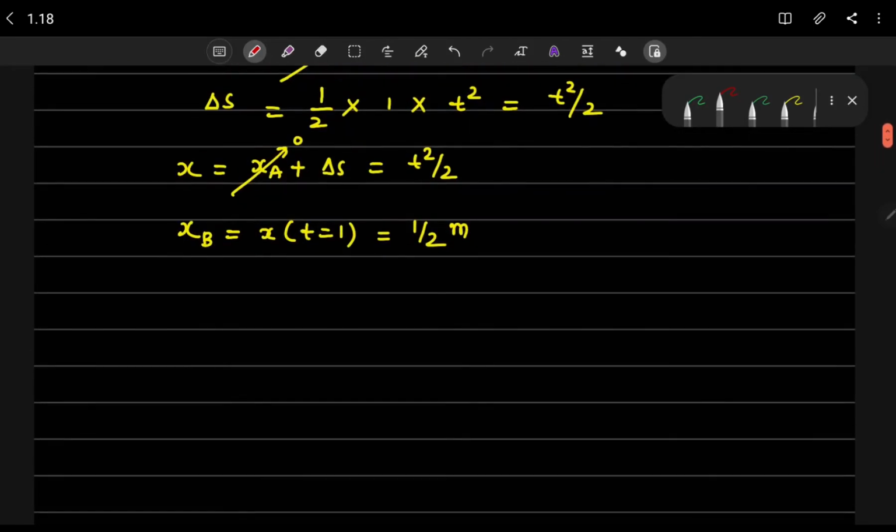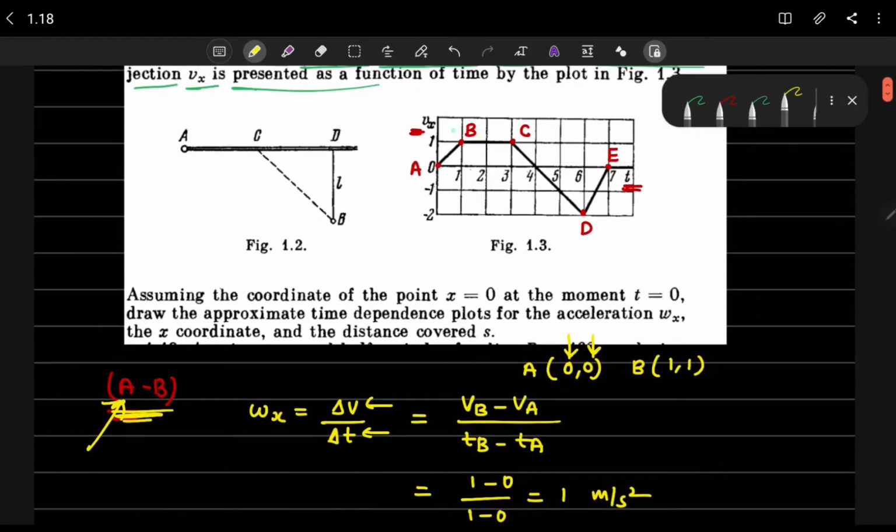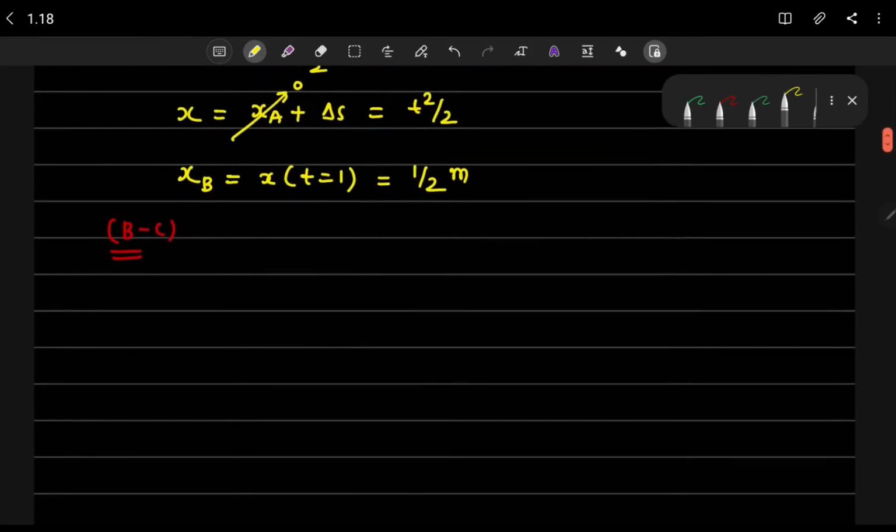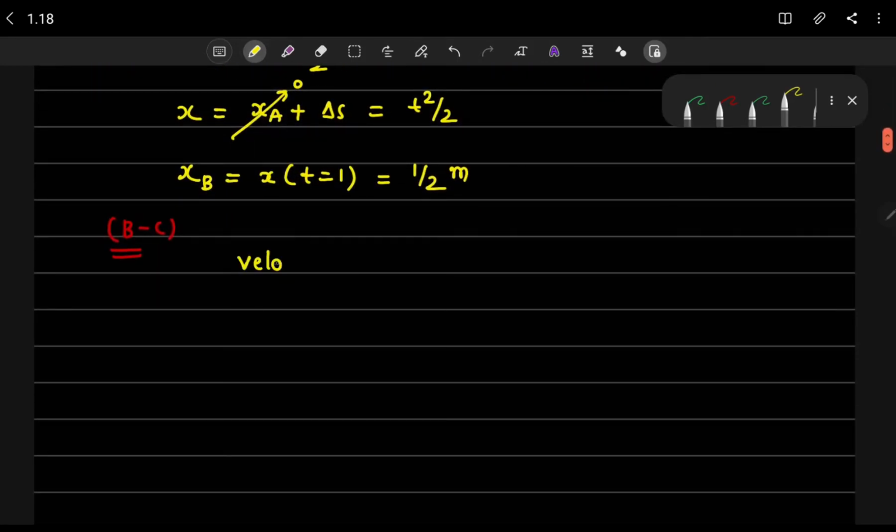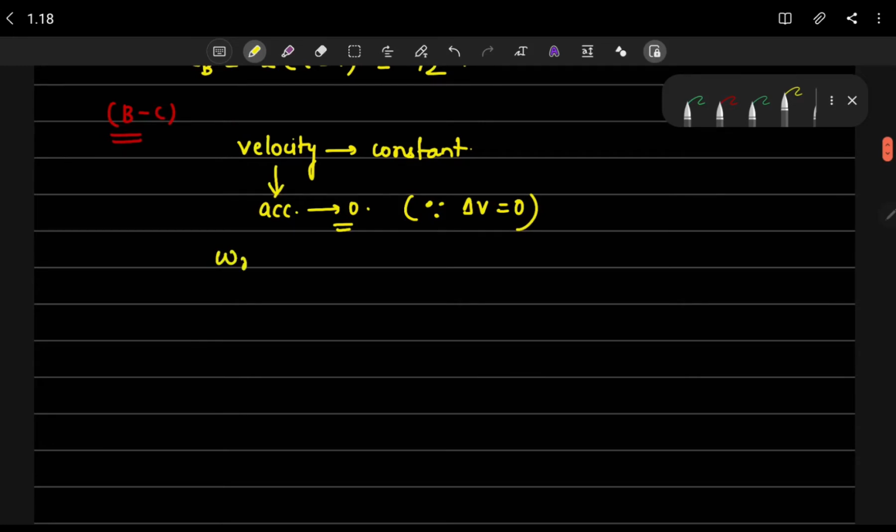Second, let us go to the region B to C. In this region, we can see that the velocity at every point between B and C is constant. If velocity is constant, that means acceleration is 0, because delta v is 0. So wx is equal to 0 in this region.